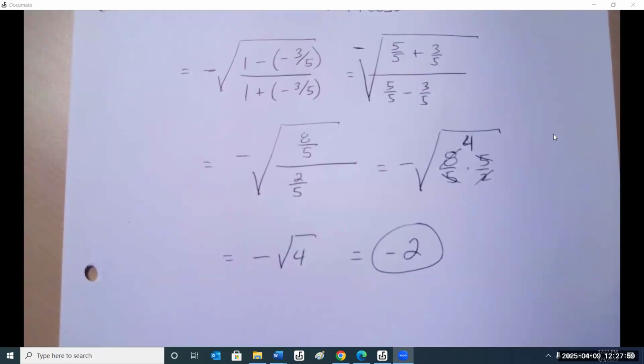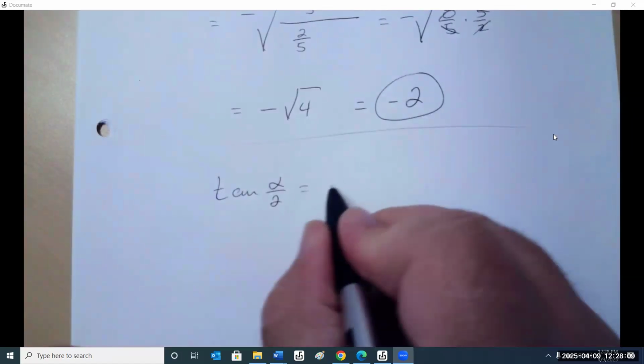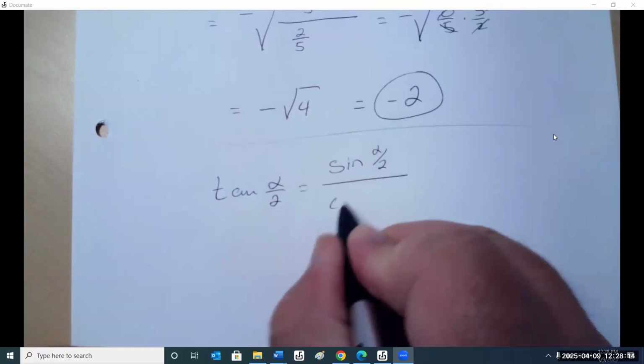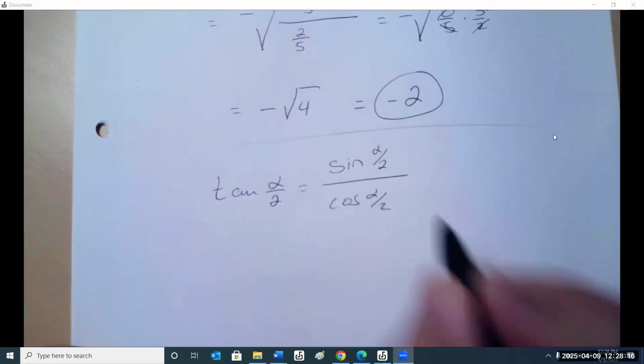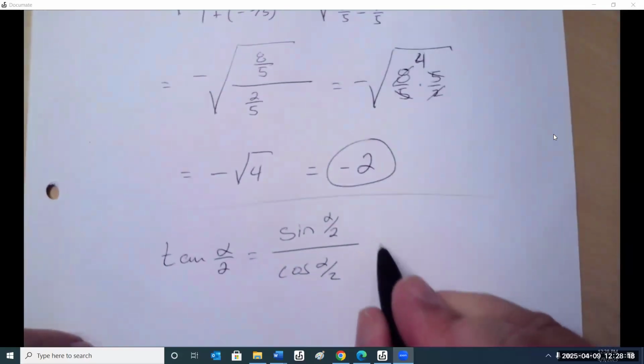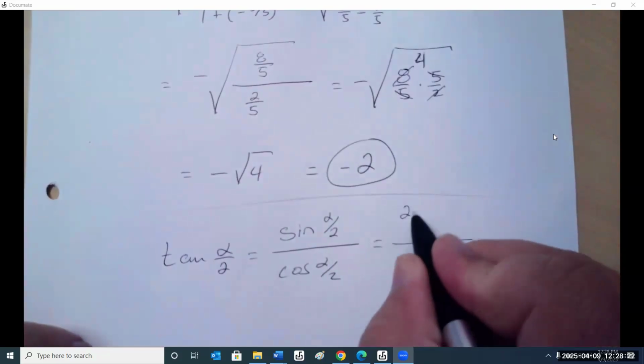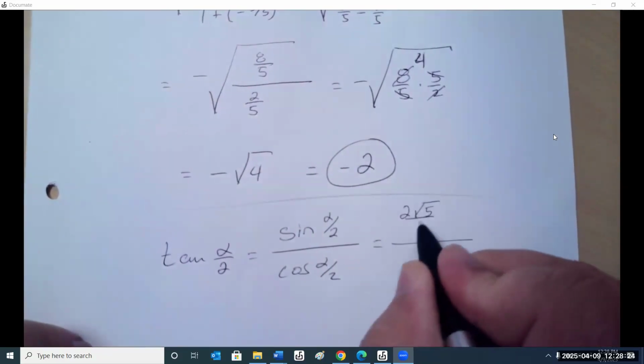Is there an easier way we could have done that tangent one? Well, we found out what sine is. Sine was 2 radical 5 over 5.